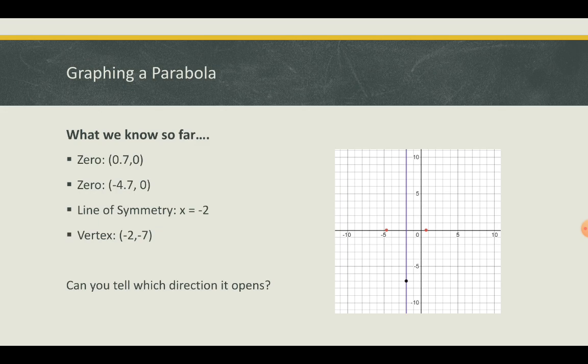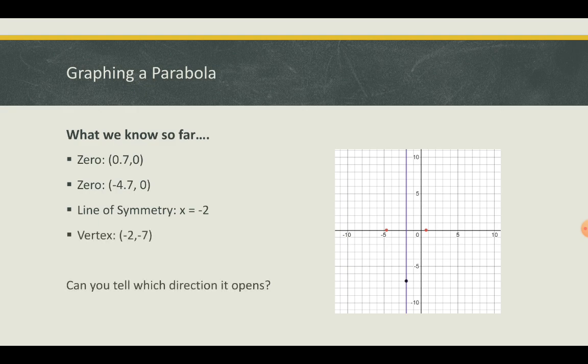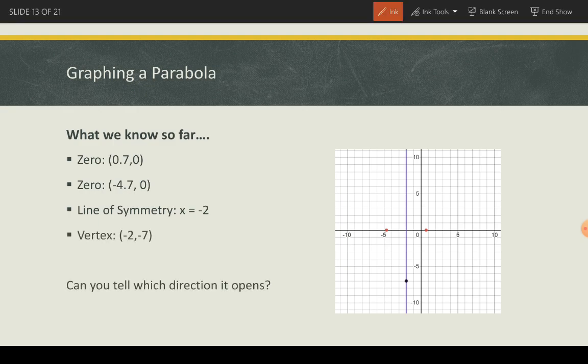Okay. Which direction, if we look at our graph, do you think our graph opens? Well, if our vertex is down here at the bottom, it's going to open up like a cup. Okay, so we can kind of do an estimate of what our parabola would look like.